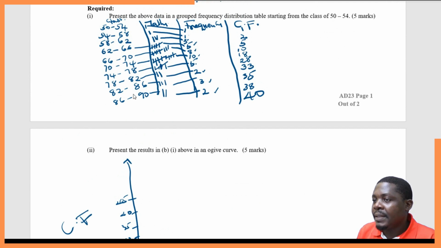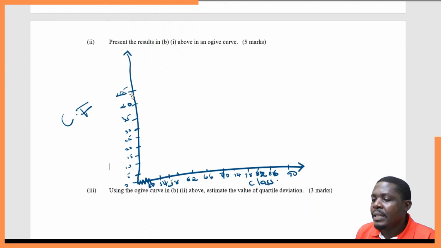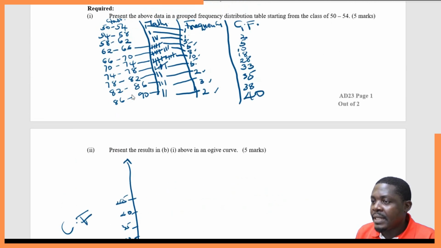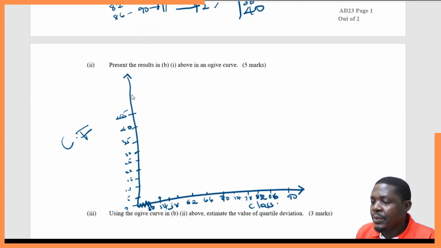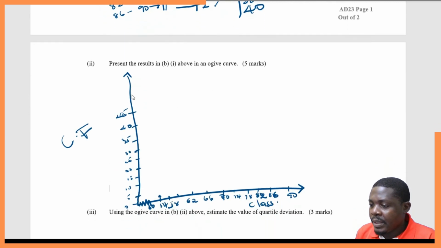At 54, we hit 1. Now 54 here, 1 is jumped somewhere slightly there. Then 58, we hit 2, slightly above 1.